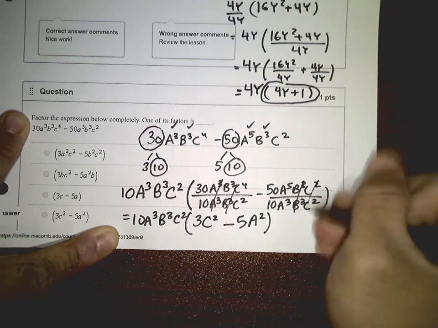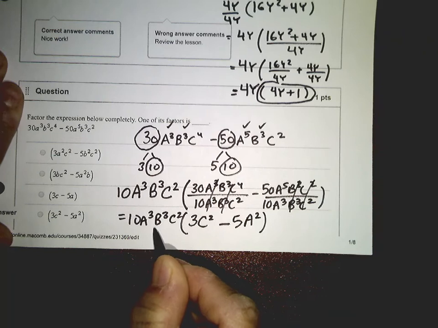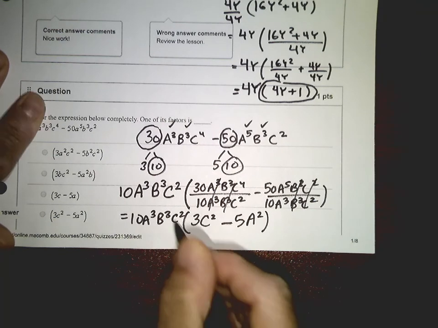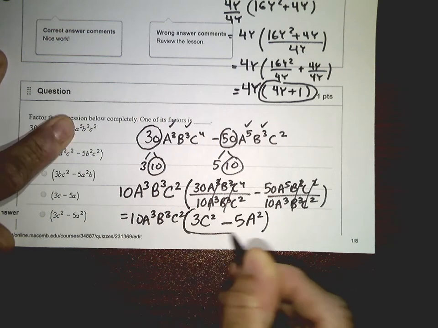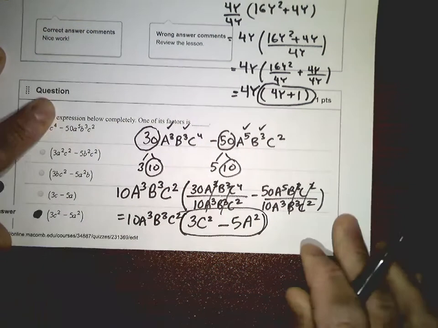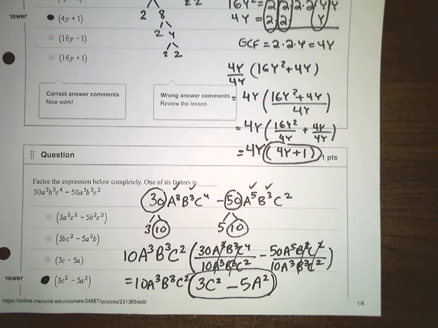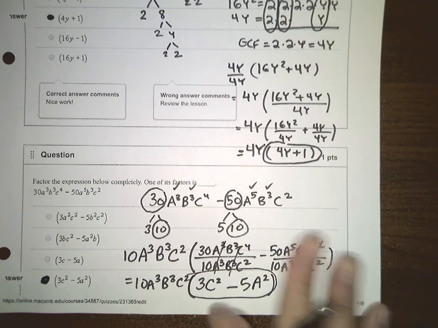So I am left with 10a to the third, b to the third, c squared as one of the factors, and 3c squared minus 5a squared as the other factor. So hopefully this makes a little bit more sense of how I am getting the greatest common factors here.